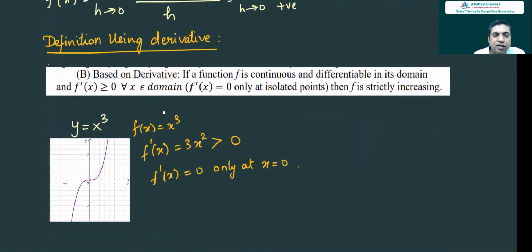So we should not get under the impression that only f dash x greater than 0 throughout gives a strictly increasing function. But f dash x greater than or equal to 0 is also strictly increasing as long as f dash x is 0 only at isolated points. This is an example for it.